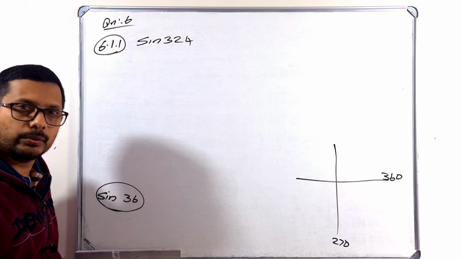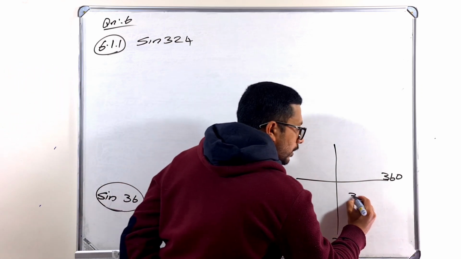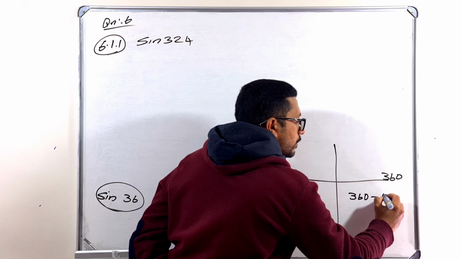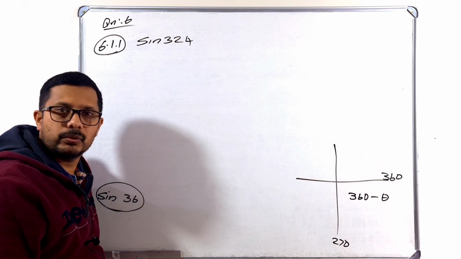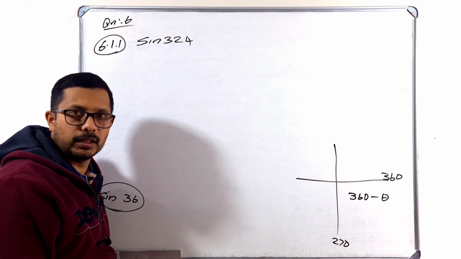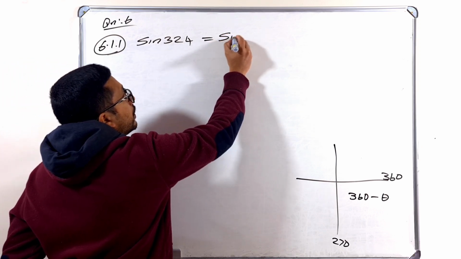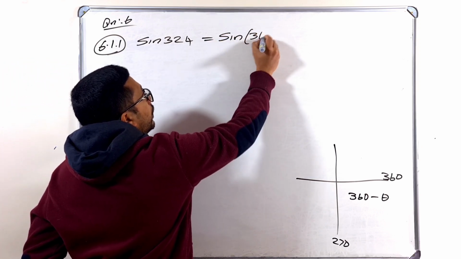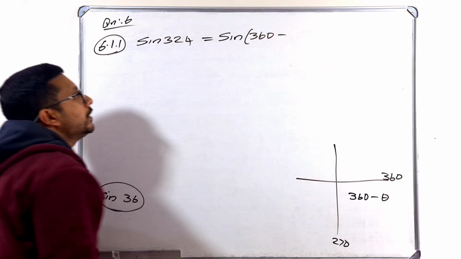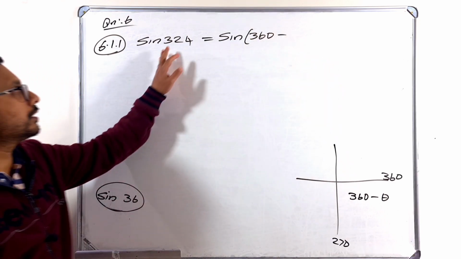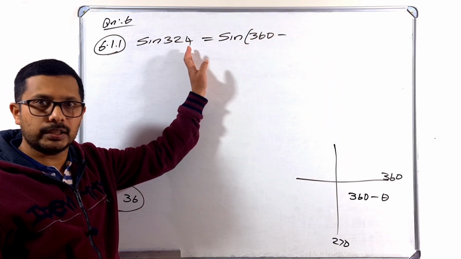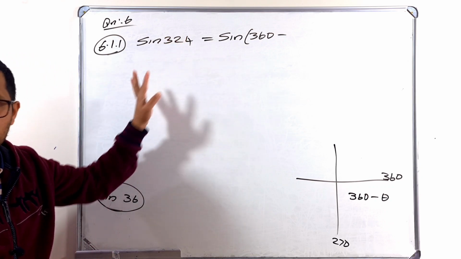Fourth quadrant, how can you write? 360 minus theta. Am I right? That is how you studied your reduction formula. So this sine 324 we can write like this: sine of 360 minus which number? Check what is 360 minus 324 in your calculator. You will get 36.